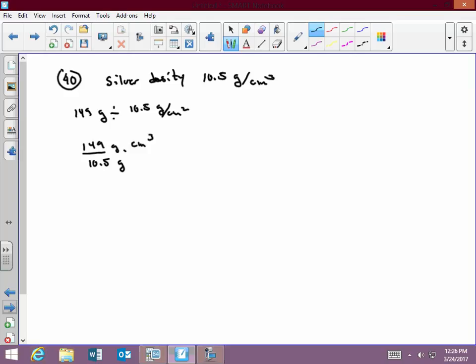So that would give us how many cubic centimeters the silver should displace, the object should displace if it is pure silver, right?